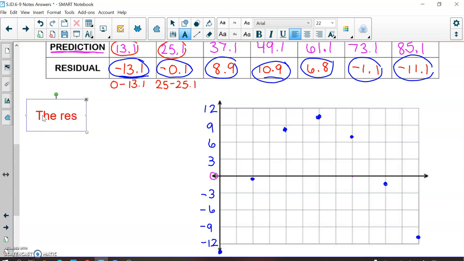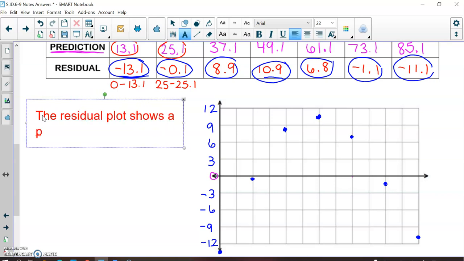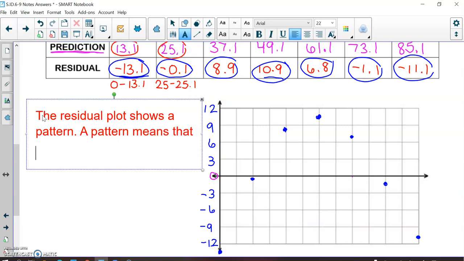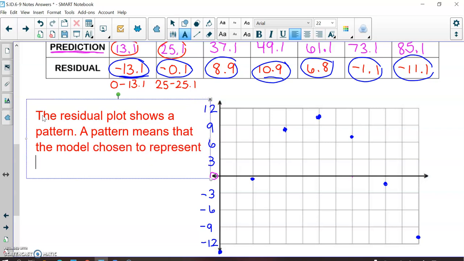So the residual plot shows a pattern. A pattern means that the model chosen to represent the data is not a good choice.